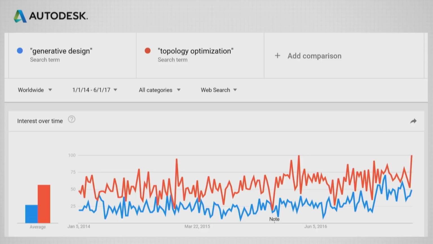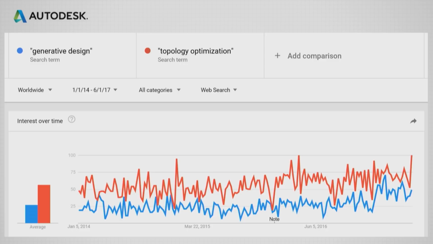And as I mentioned, if this term generative design is new for you, you're in good company. This morning, I did a Google Trends search for the term generative design, and as a comparison for topology optimization.